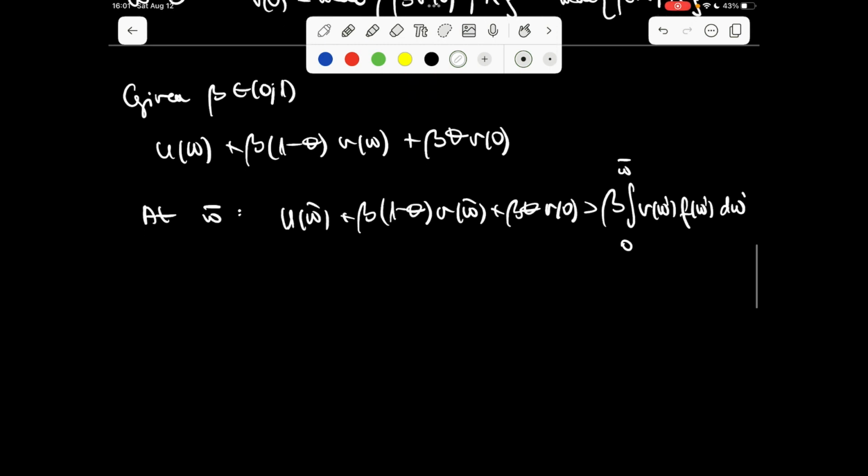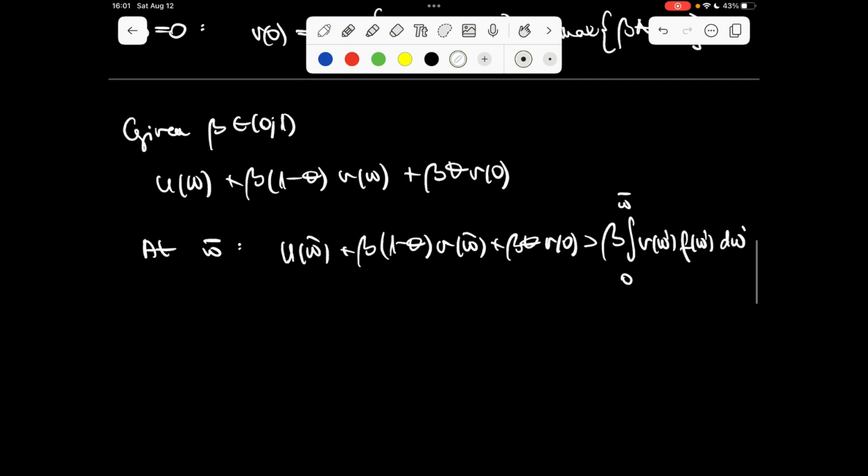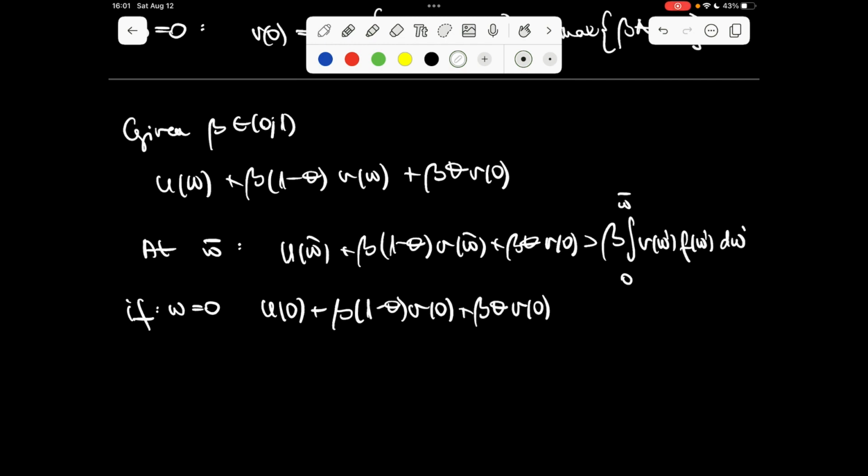So what we know is, if the wage is 0, then the acceptance line has a lower value than the search line.